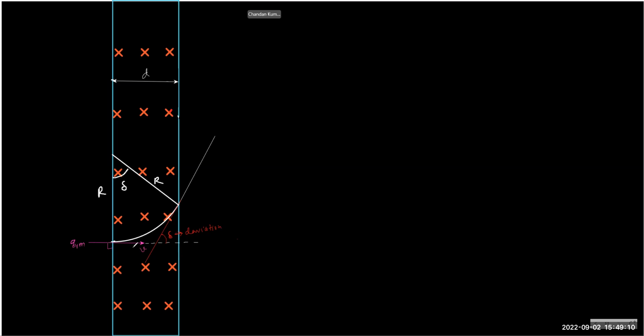So find delta, find radius, and I think that is sufficient. Then you can find everything else. So OA, so find AP. What is AP? Okay, fine. So AP is called lateral shift.